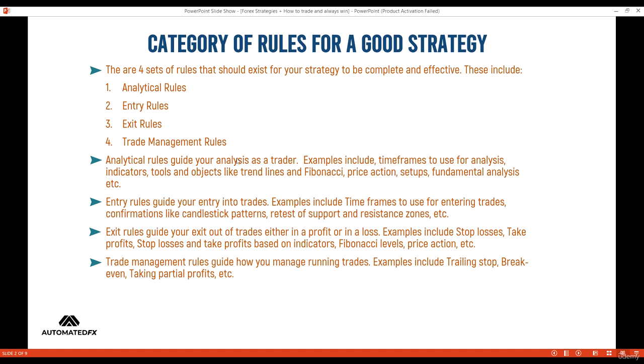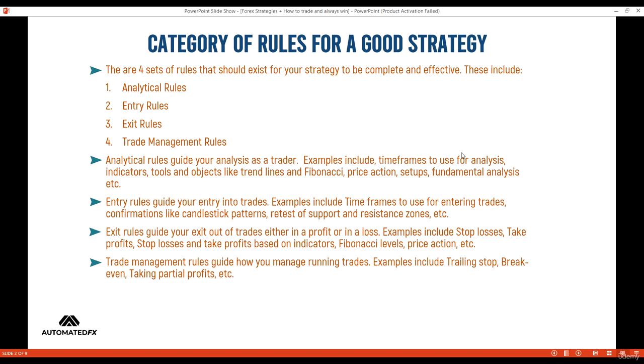Now, the analytical rules, what are they? They're basically rules that guide your analysis as a trader. So they are rules that help you identify the trading setup, that make you understand that, yeah, this is a good trading setup, this is a good opportunity for me to trade. Okay, so examples include the time frames where you analyze.